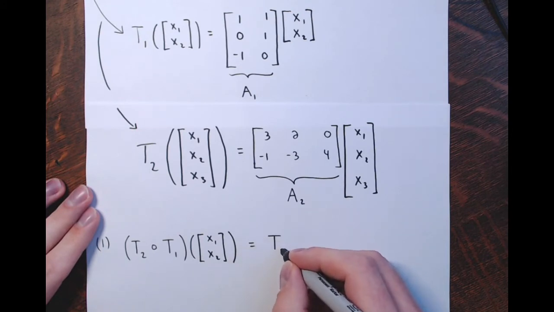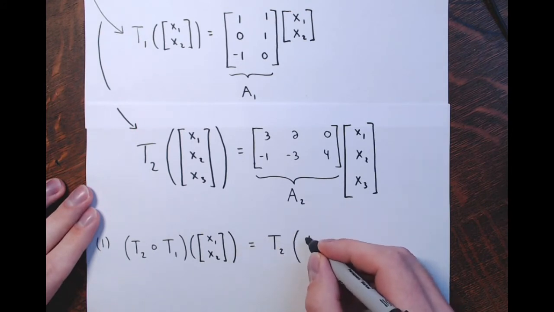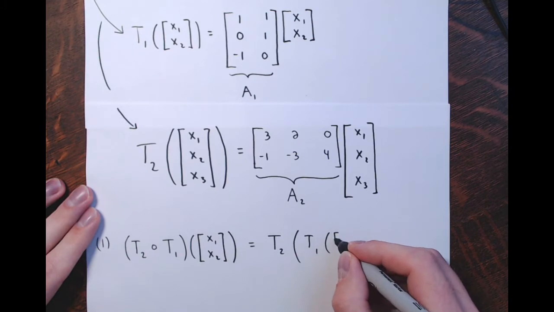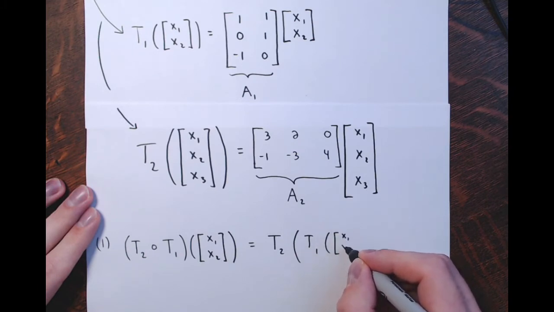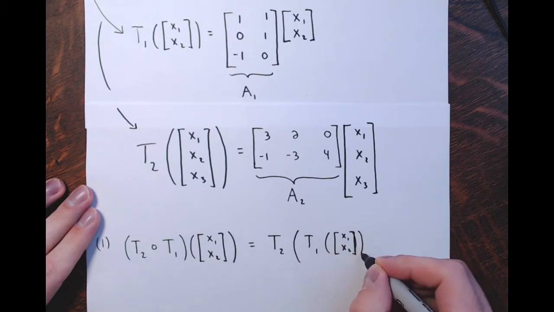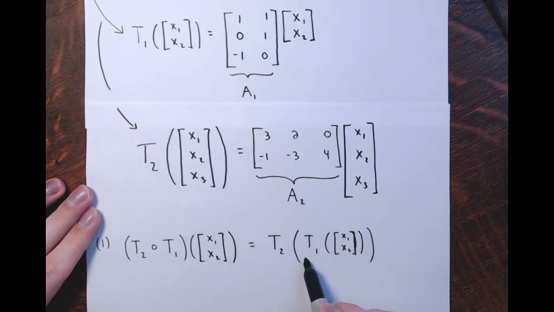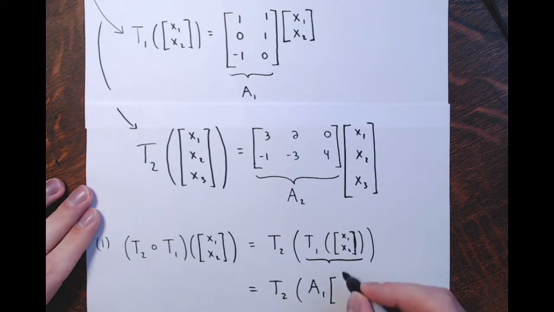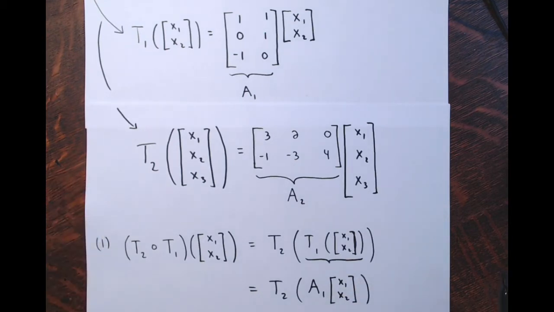This is T2 of T1 of x1, x2. And when I apply T1 first, I'll get T2 of, and then A1 times this input vector, right, whatever that is.